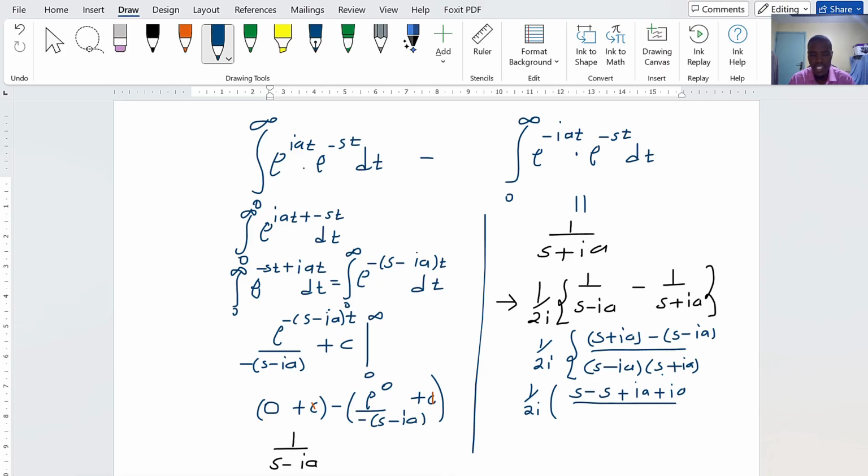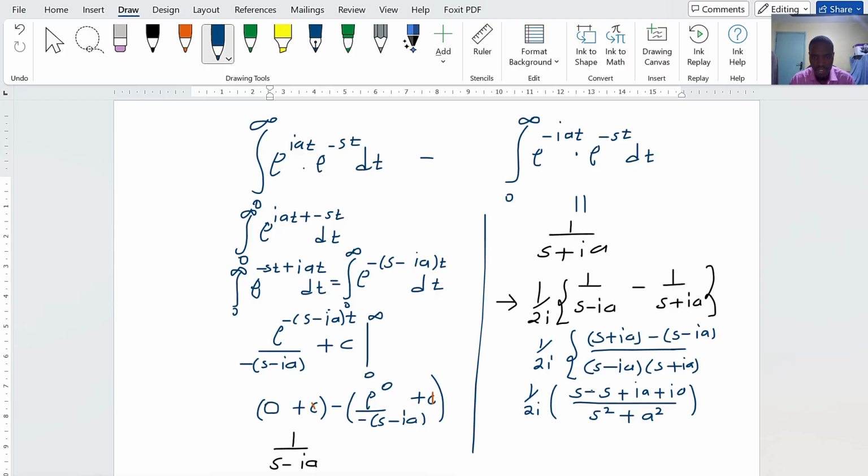Divide here by this. This is a complex conjugate, multiplying a complex number with its conjugate. You just square x and y. So this is just s squared plus a squared. I hope you remember that from complex numbers. You just square the s and then square here. When you square here, i squared is negative 1. Negative 1 times negative is positive, then a squared.